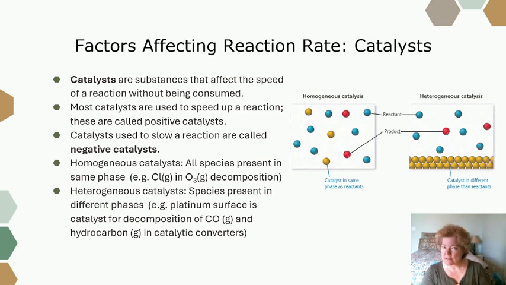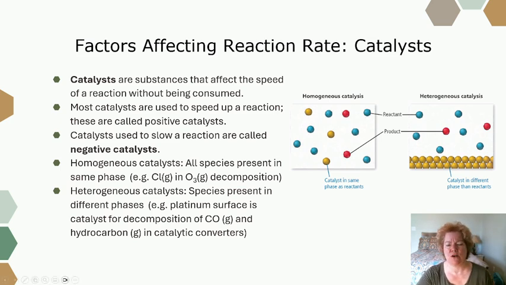But we also see a lot of times these heterogeneous catalysts. And a heterogeneous catalyst is one where it's in a different phase. And we see a lot of times we'll have a solid state catalyst. And what's usually going on is that it helps a reaction to happen on its surface, and so the reactants are in the space above, either liquid or gas, above the catalyst, and then they sit on the surface, and that helps position them so that they can react more quickly with less activation energy.